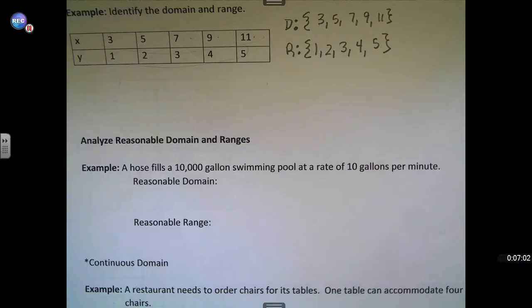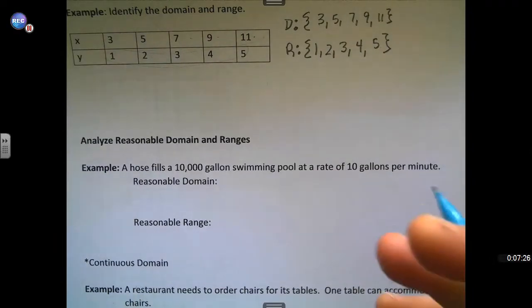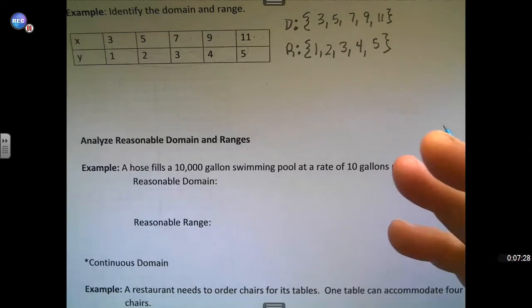The domain determines the value in the range. So like here I'm talking about filling a swimming pool. The domain would be the set of time, because however much time has passed, that's how much water is going to be in the pool. The domain is how much time has passed, and the range is how much water is in the pool.